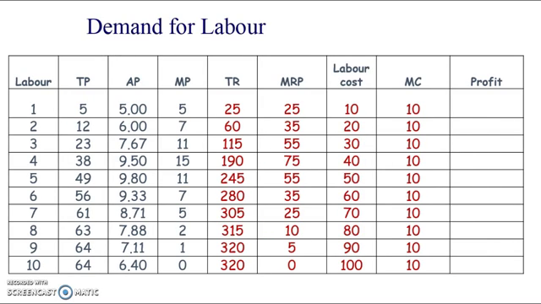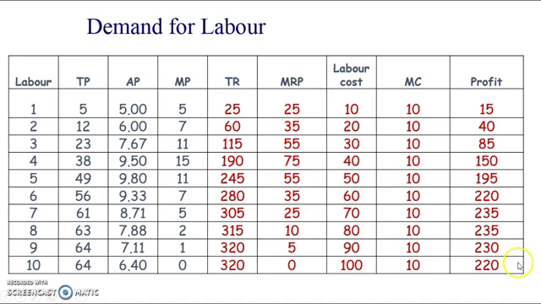So if I add profits in, and profit, I'm just going to work this out by imagining that there are no fixed costs, but I'm just going to get the total revenue minus the variable costs of labour. So it's always going to be this one minus this one, and this is what we get for profit.